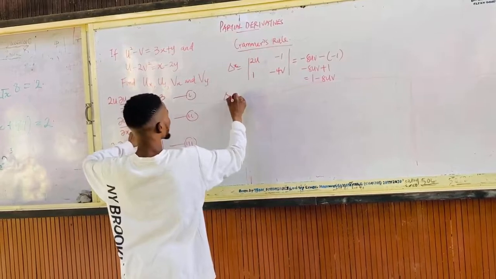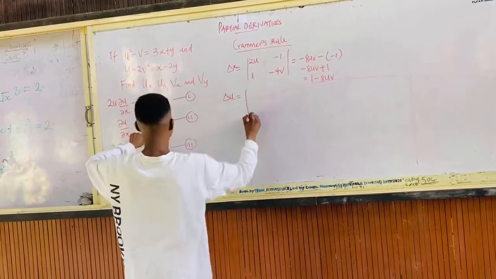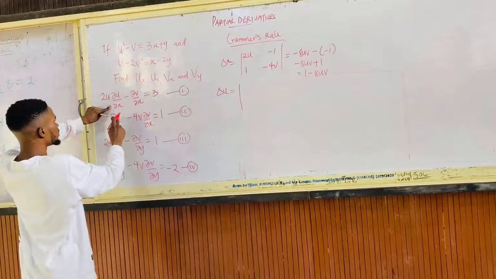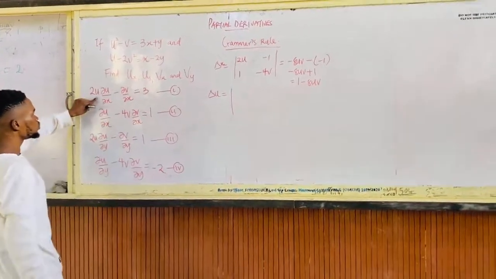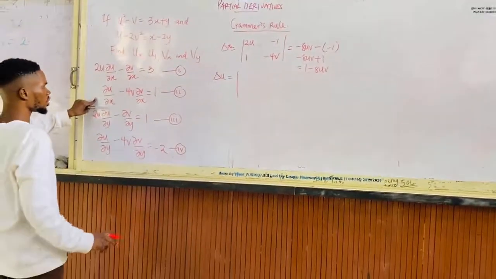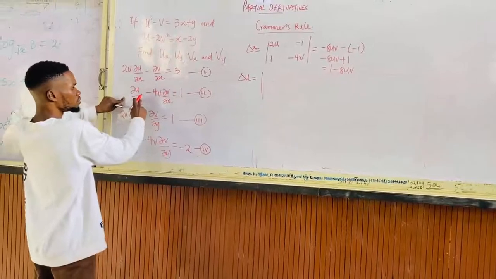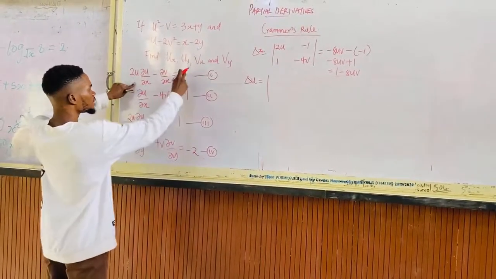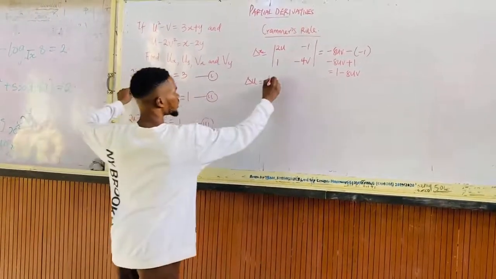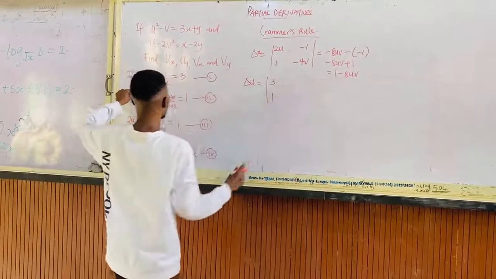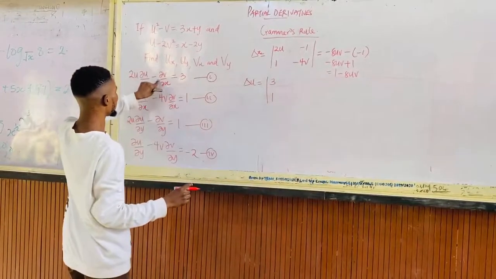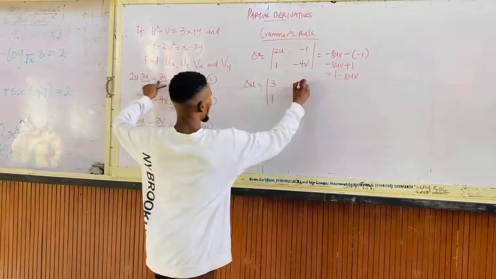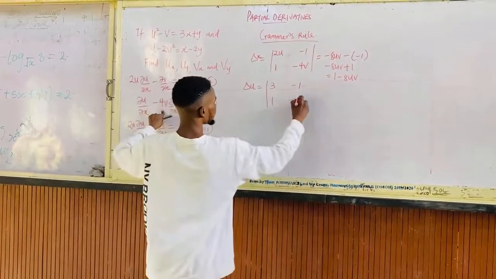So we want to find the del u del x. The coefficient here is 2u. Here is 1. Because we want to find the del u del x using Cramer's rule, we will not write this. We write 3 and 1, the constants. But we are not finding the del v del x now. So let's write the coefficients, minus 1 and minus 4v.